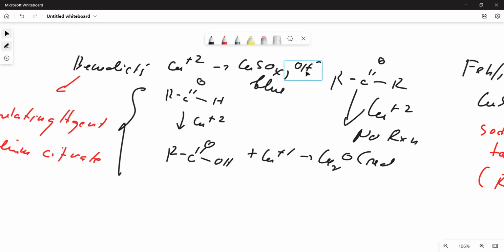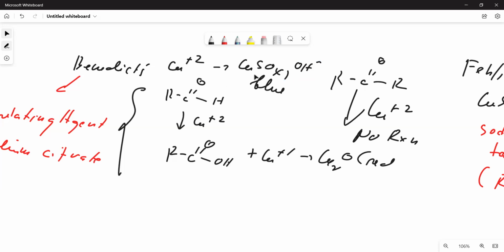Now, in basic medium, copper will precipitate as cupric hydroxide. So there's a problem, because if the copper here, which is the oxidizing agent, will precipitate, there will be no reaction with aldehyde.